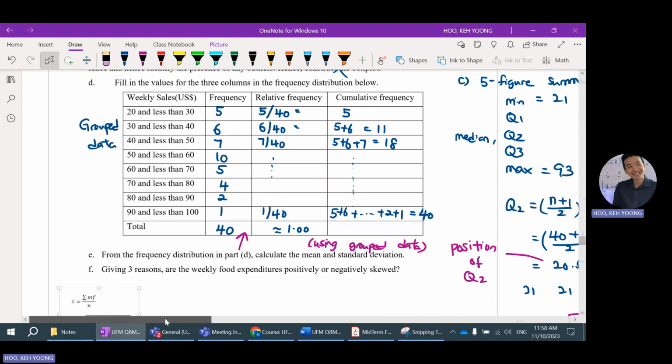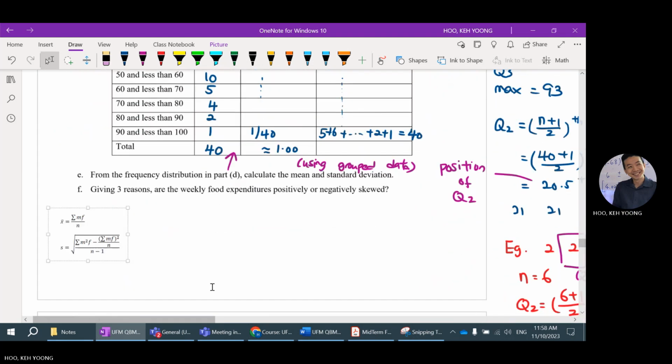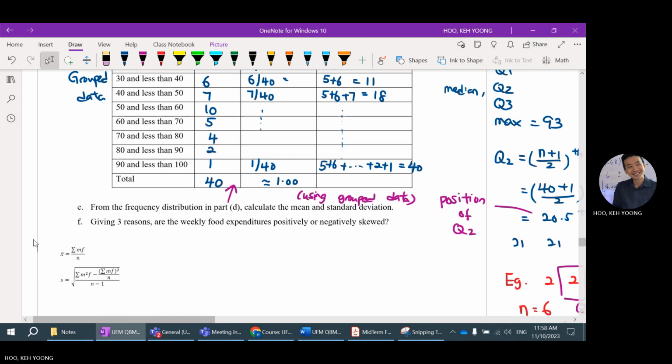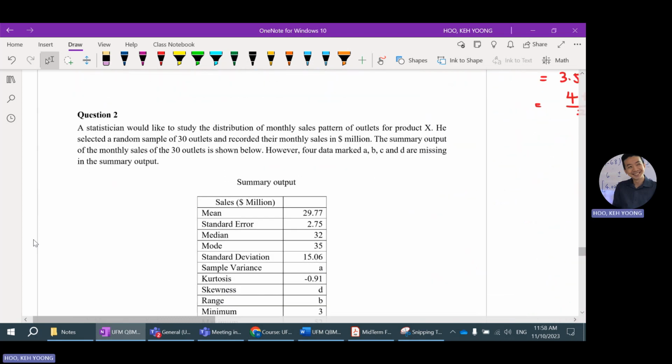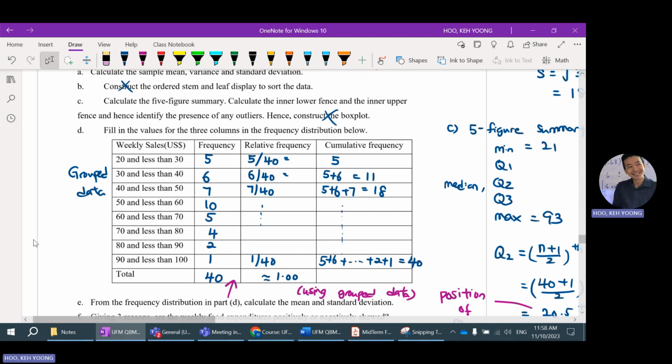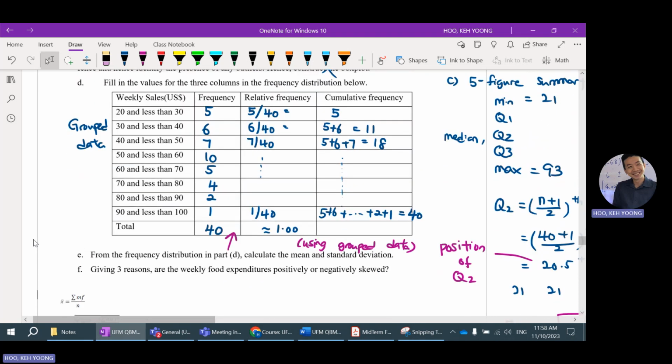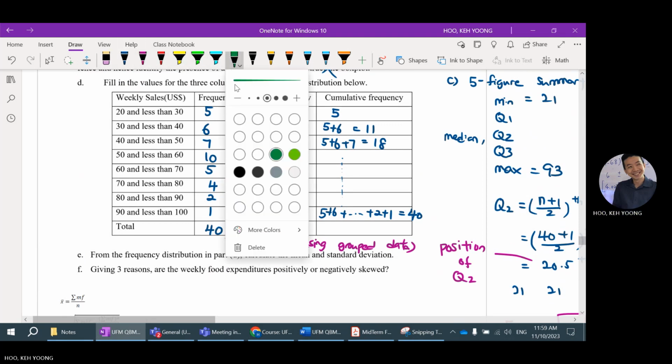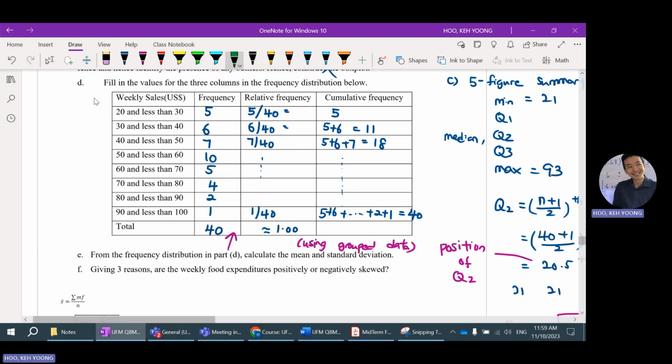So to calculate the mean and standard deviation, first you need to find the midpoint. Okay, I need the midpoint. So how to find the midpoint? Lower class limit plus upper class limit divided by 2.